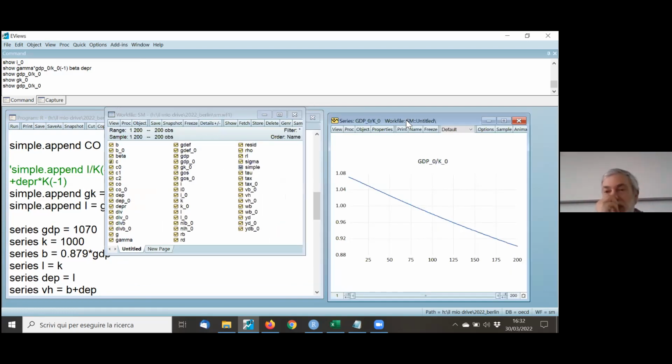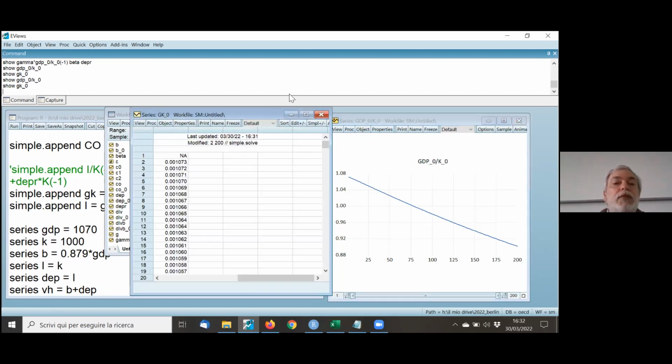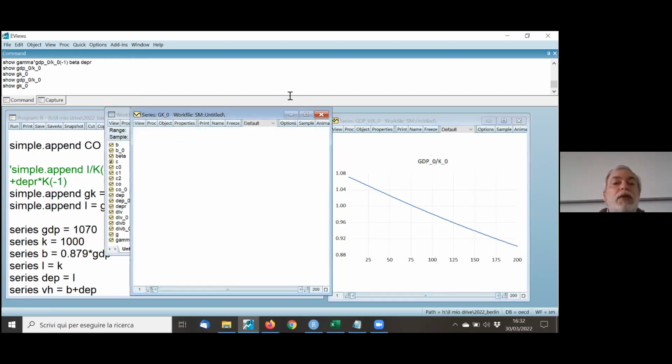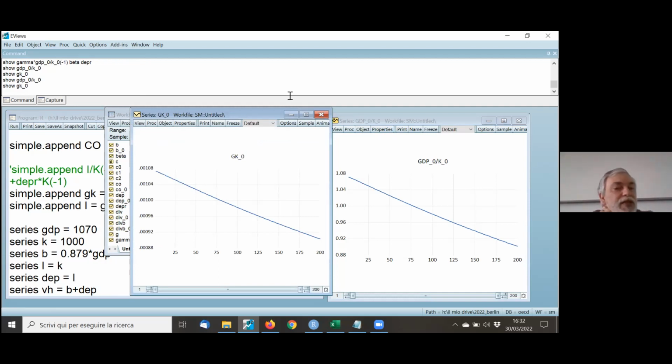The GDP to capital ratio is not going to the sky. But the growth rate of the stock of capital is not exactly 0 as I would like it to be in order to have a stationary state.